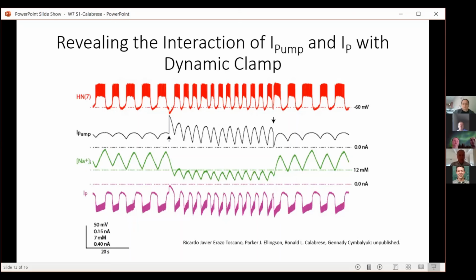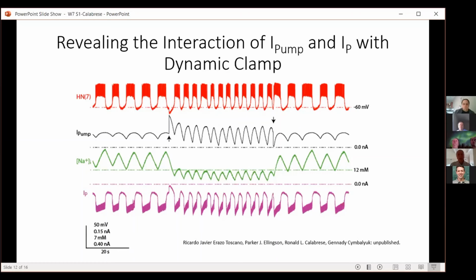So we jump up in I pump max, and when we do that, we see that the period of the system gets smaller, and the oscillations in sodium actually get smaller.